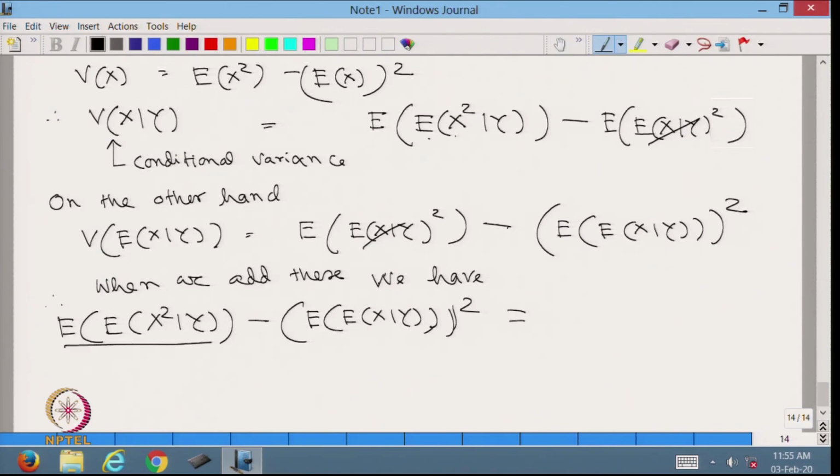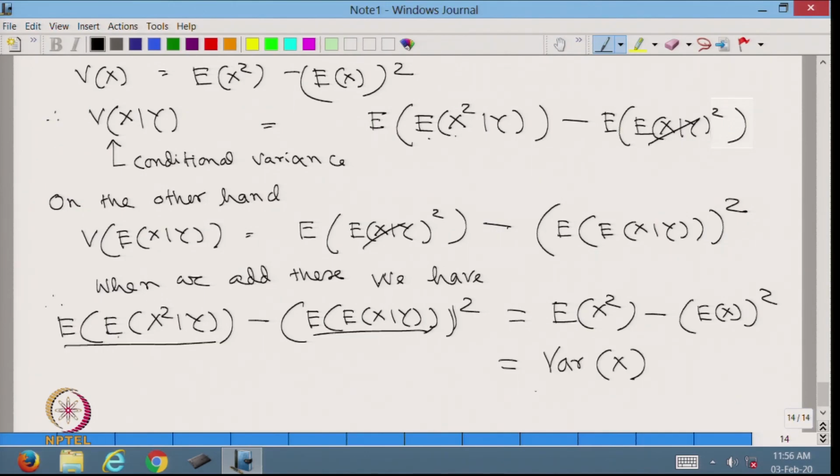Now, this by our earlier result is expected value of x square, as we have seen that expected value of a random variable conditioned on y, that expectation is the expectation of the original random variable minus this is expectation of x. Therefore, expectation of x whole square, which is equal to variance of x.